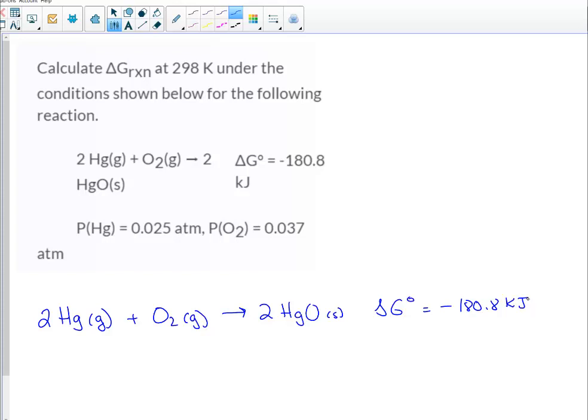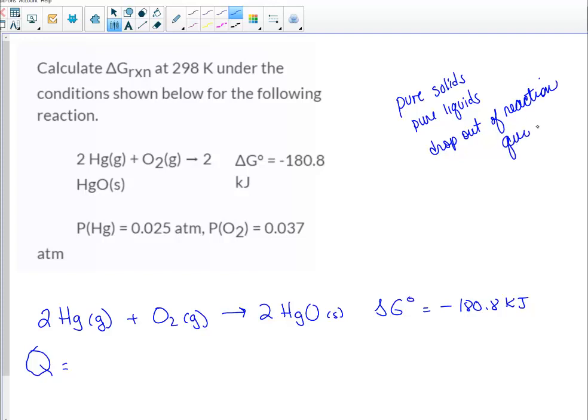Calculate for non-standard conditions. All right, so we need a Q, the reaction quotient. And remember that pure solids and pure liquids drop out. So this expression, really there's no gaseous product, so there's nothing.